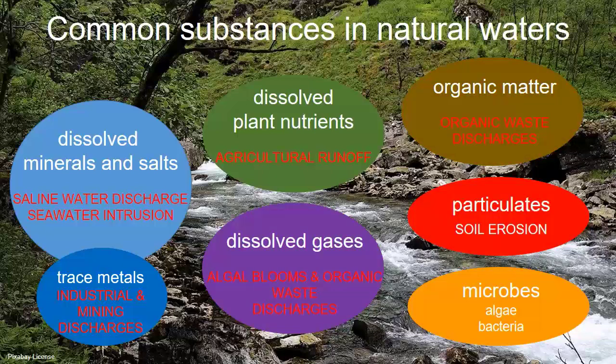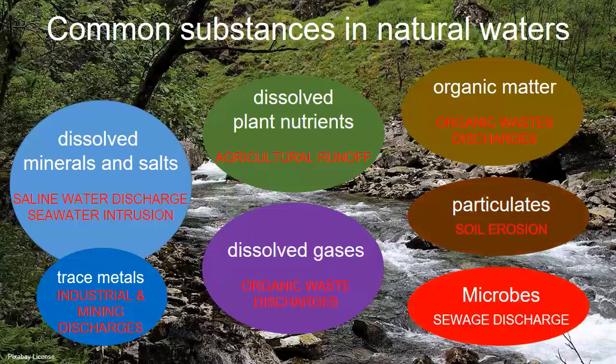Poor land management will accelerate erosion processes, causing potentially harmful sediment loads. And the untreated sewage discharge mentioned previously may also increase microbial concentrations, possibly including pathogenic or disease-causing microbes like Giardia and schistosomiasis.